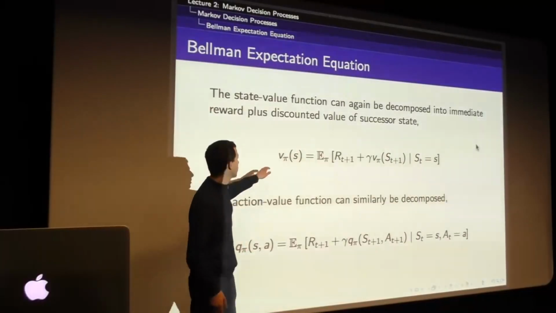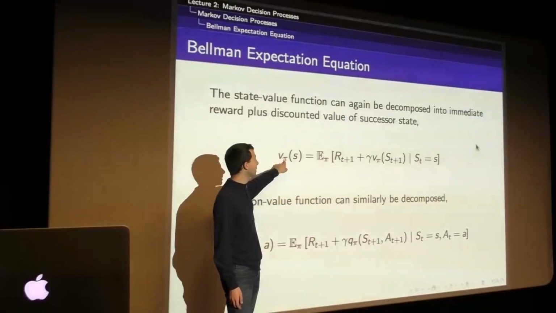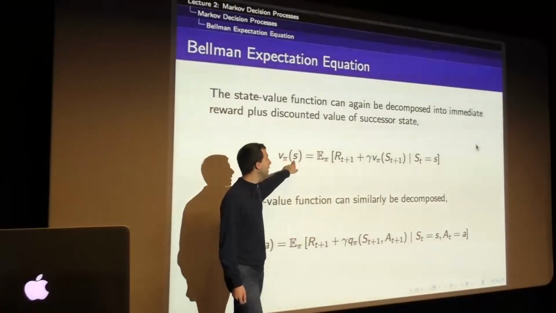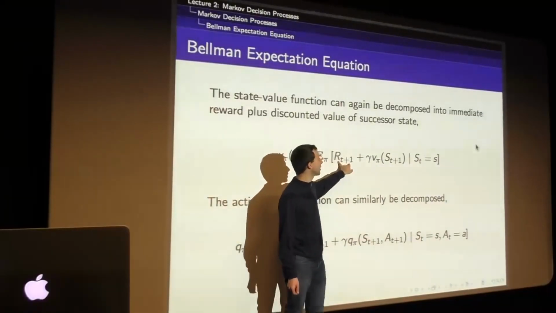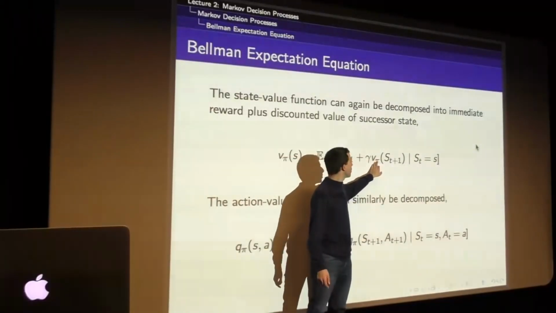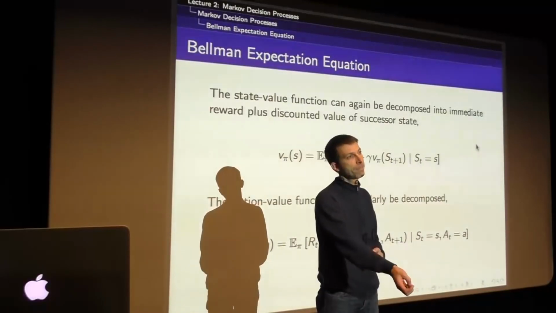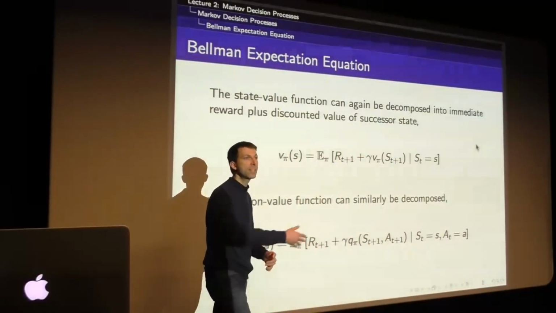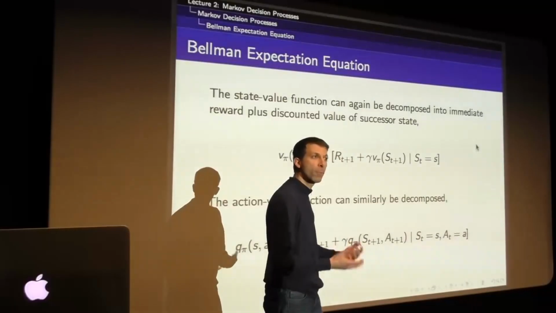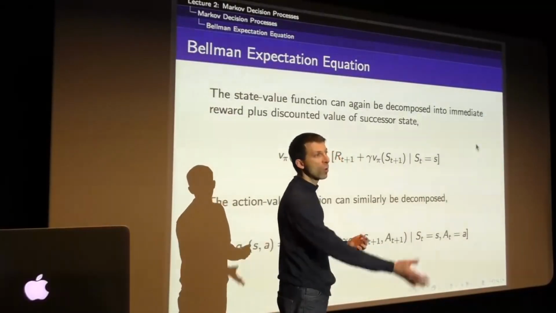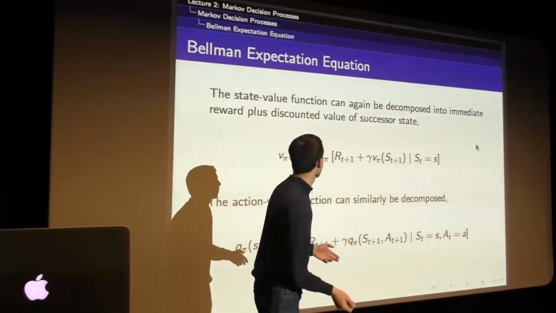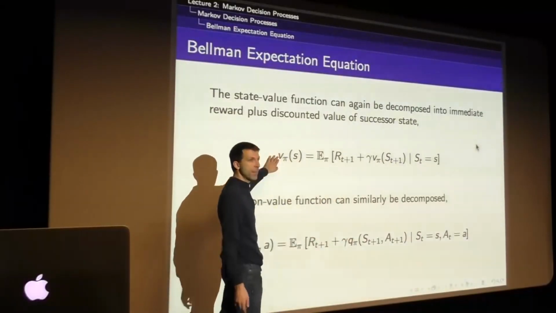That's still true in an MDP. Now what we're saying is that you start in this state, and we know that we're following policy pi, but the value of being in this state is still the immediate reward that you get, plus the value of your successor state if you know that you're going to follow policy pi from there onwards. So we just look at what happened for one step of following a policy, and then we ask how much more reward will I get following that policy. And we sum those things together, that gives us the Bellman equation.